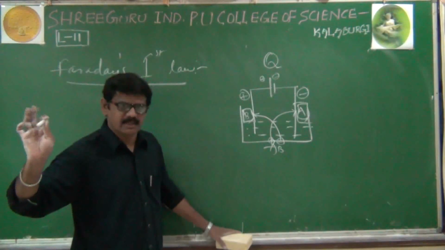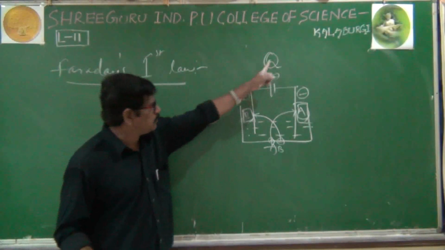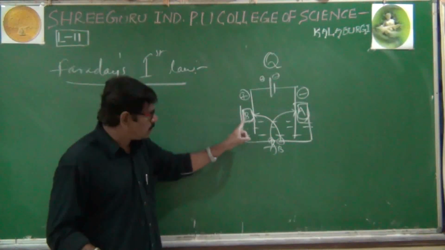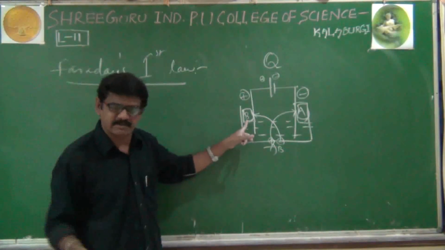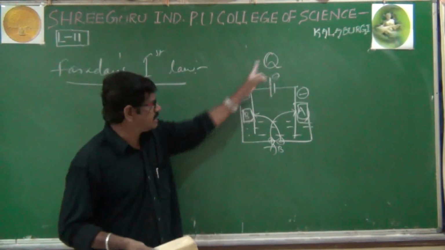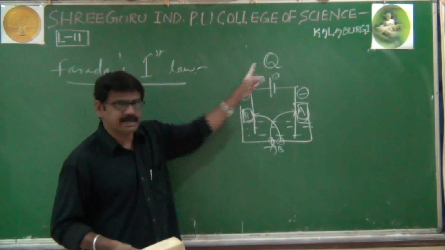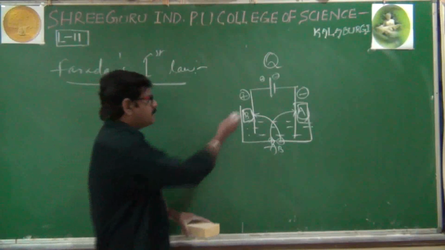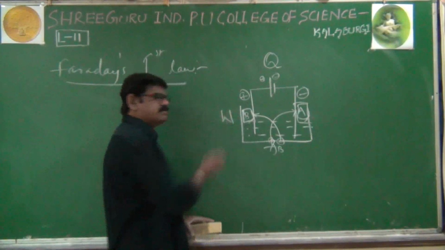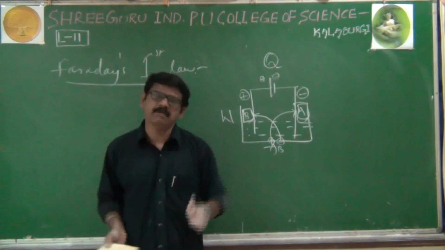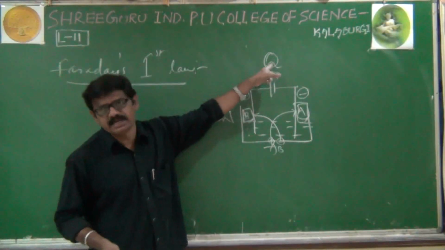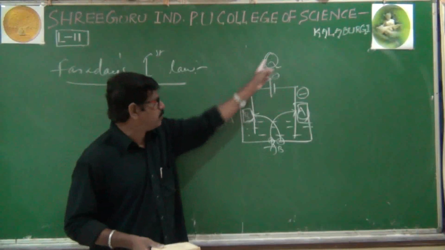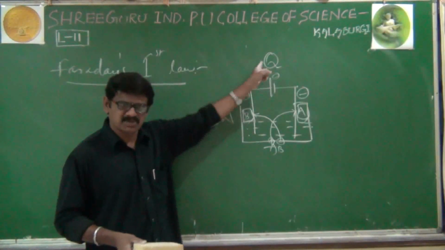That's it. Faraday's first law means more current, more electrolysis, more amount of substance deposited. Less current, less amount. Here amount we are indicating with a W symbol. Amount is nothing but mass. More current if you send, more mass of substance will be deposited. That's why both are directly proportional to each other.